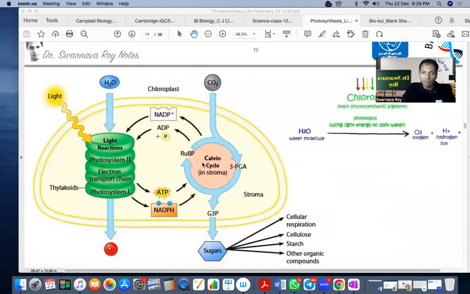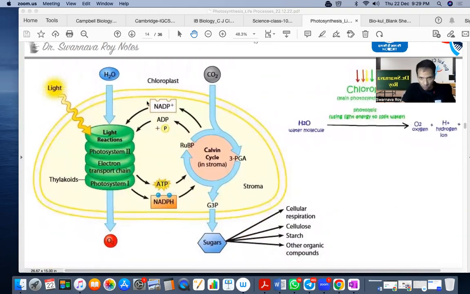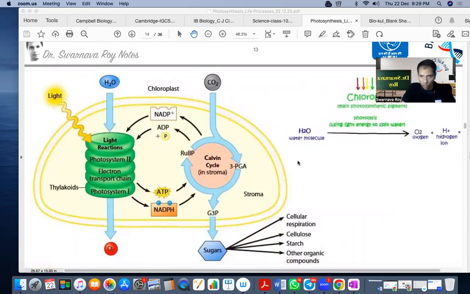So here is the complete overview of what is happening. You can see this is the chloroplast, and these are the thylakoids, or the grana, and how they're taking in light. There is photosystem 2 and photosystem 1, and they form the assimilatory power, ATP and NADPH, which is required for reduction of carbon dioxide into sugar.